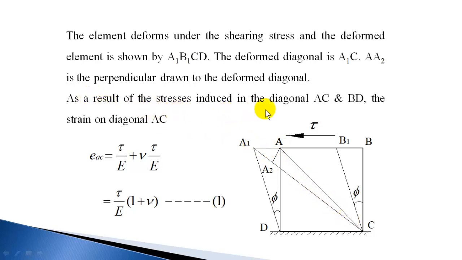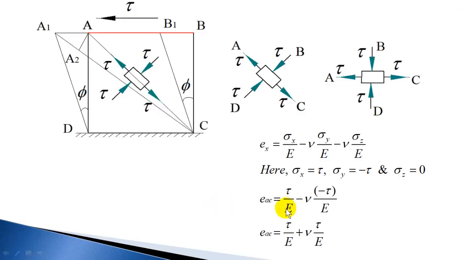As a result of stresses induced in the diagonals AC and BD, the strain on the diagonal AC, epsilon AC, we have already got as tau by E into 1 plus nu. This I explained in the previous slide. So the strain on the diagonal AC is tau by E into 1 plus nu.